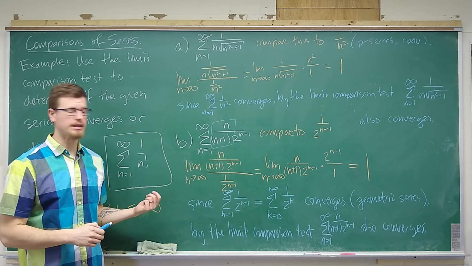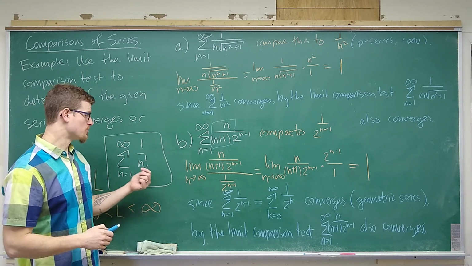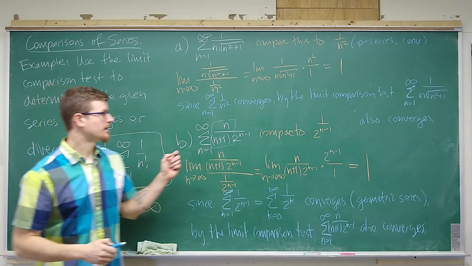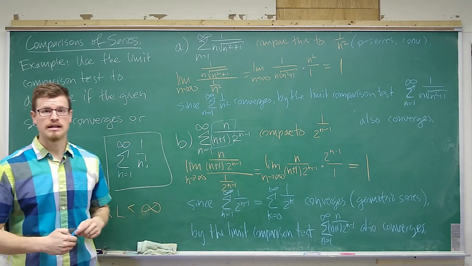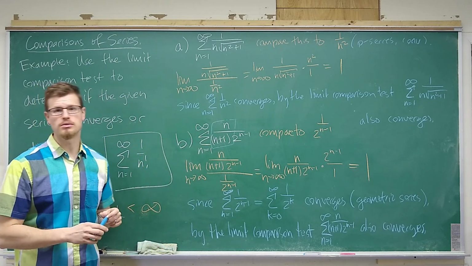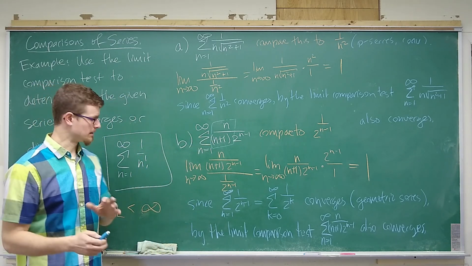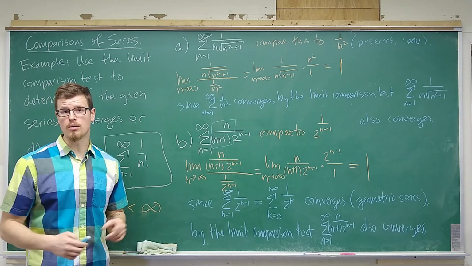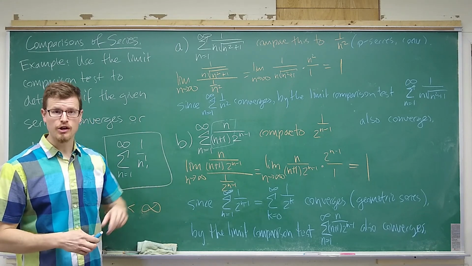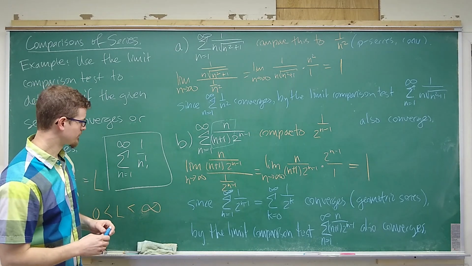If you were to use the limit comparison test, you would not find a finite non-zero limit. You would find that there is actually either a 0 or infinite limit, depending on which way you arrange those terms.